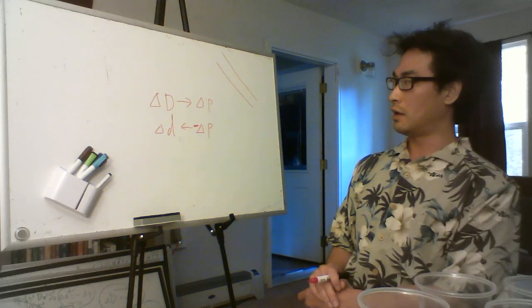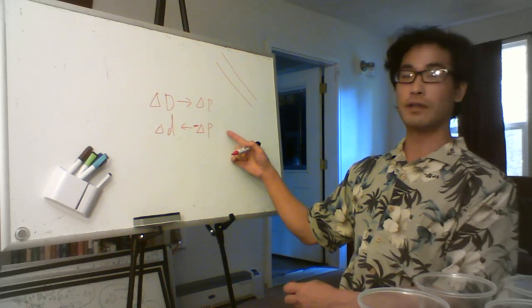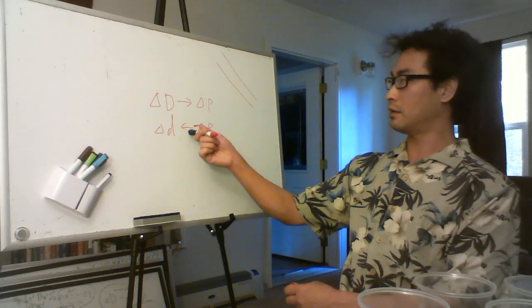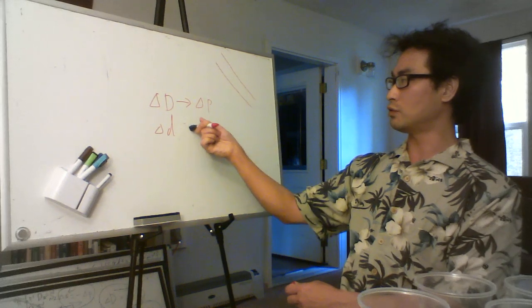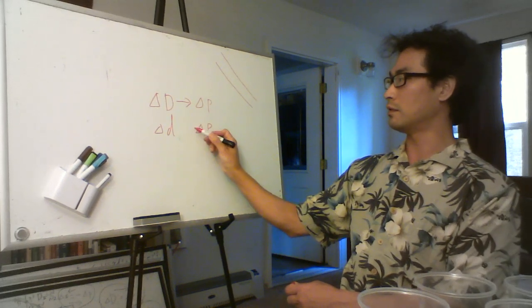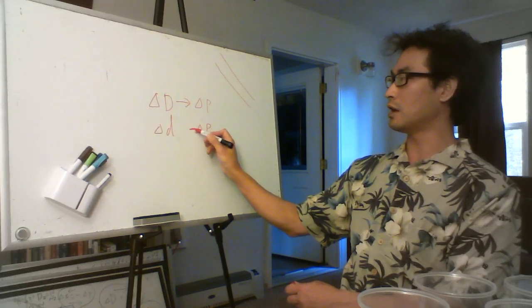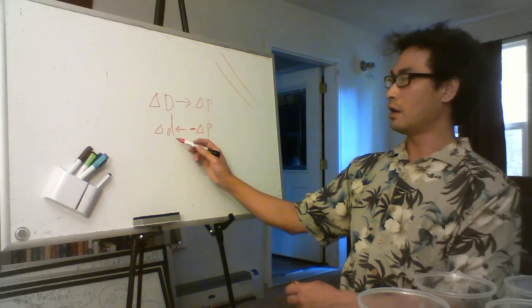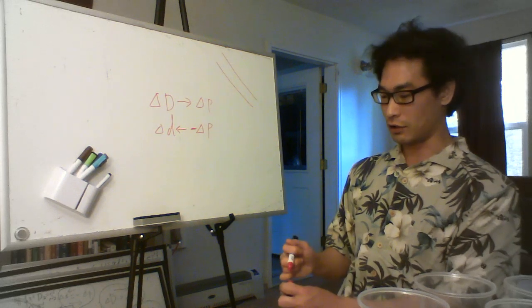Okay, this is a very crucial difference. Let me do this right. They have to be at the same level. Minus delta D. If price goes down, then there will be increased transactional demand.